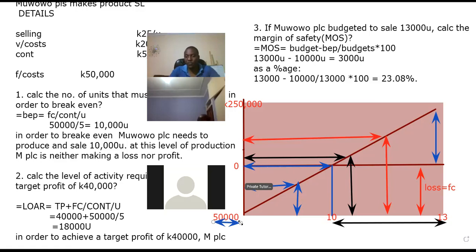So the margin of safety helps you to know the levels of risk involved at every level of production. If you produce at 10,000, you're going to make so much money. You can even put numbers this side if you want. If you produce at 11,000, you make so much. So the margin of safety is simply the number of units you're able to lose without making a loss, and no one will fire you. But if you go below the margin of safety, man, you're gone.